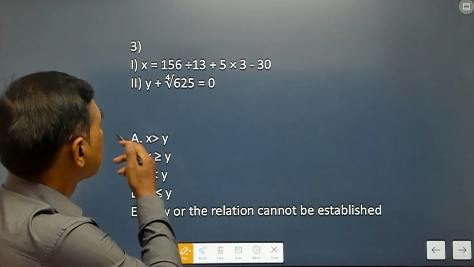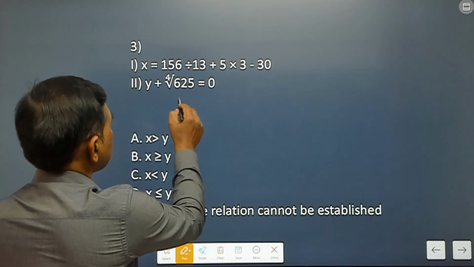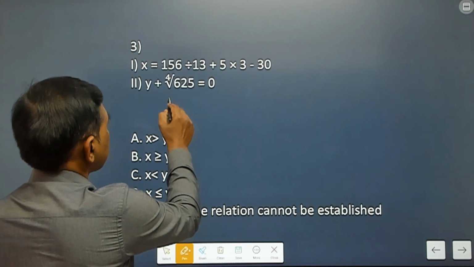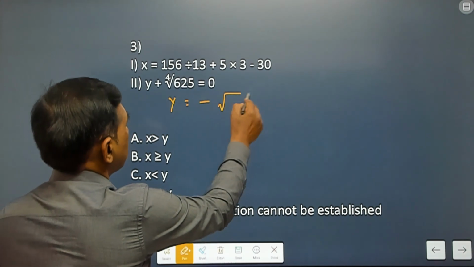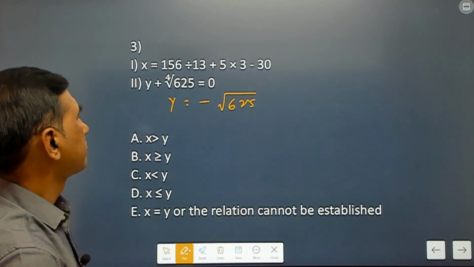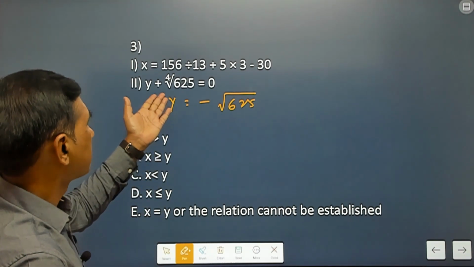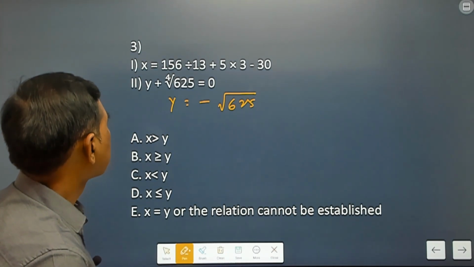This is not, this is basically y is equal to minus 625, because y plus 5 is equal to 0.